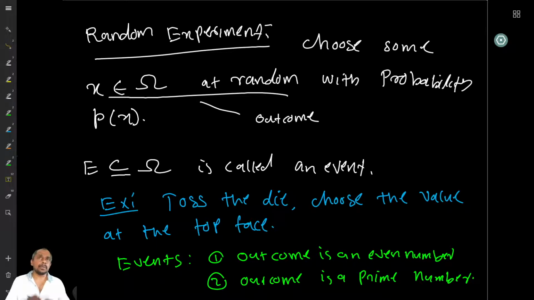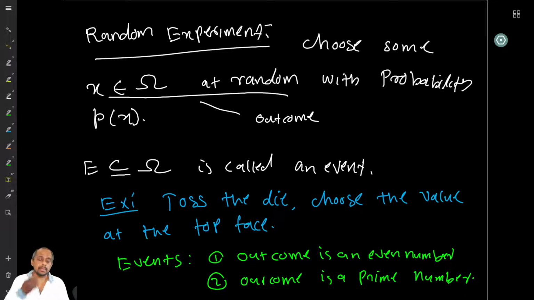Now, one of the main tools that we are going to use is to design a random experiment. So what is a random experiment? It is basically choosing elements of omega at random with the associated probability given by the distribution. So p(x) is the probability that the outcome x is going to come out, and if we choose these elements with precisely this probability distribution, then we say we are doing a random experiment within this probability space.